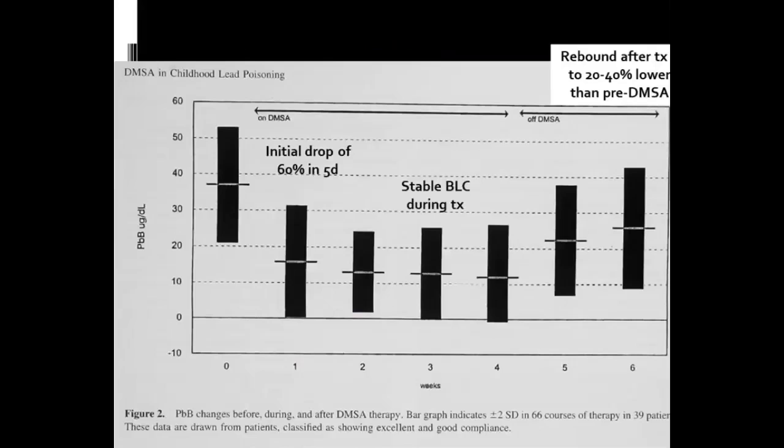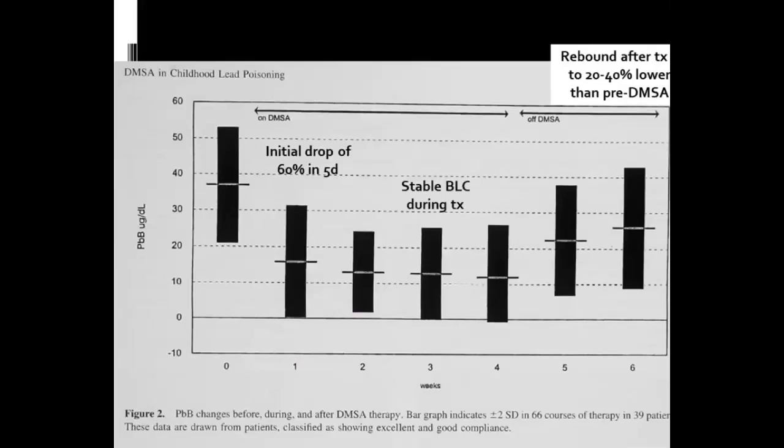Something interesting, this is from a study called the TLC trial, looking at treating asymptomatic children with lead concentrations between 25 and 45, to see if they can get their lead concentrations down, and also for clinical outcomes.